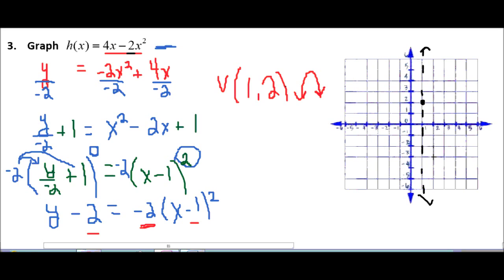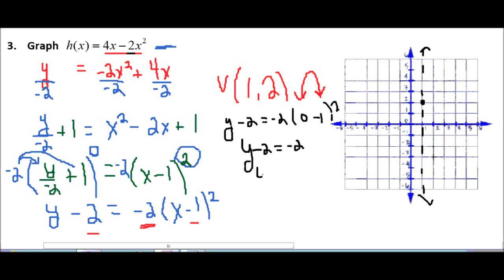And I'll draw in my axis of symmetry. Okay. And let's go ahead now and find our y-intercept. So for the y-intercept, we plug in 0 for x. So y minus 2 equals -2 times 0 minus 1 squared. So y minus 2 equals -2.